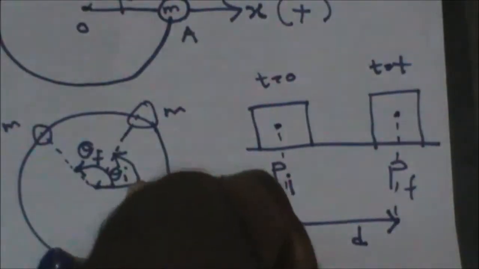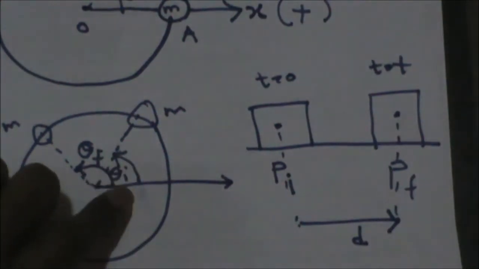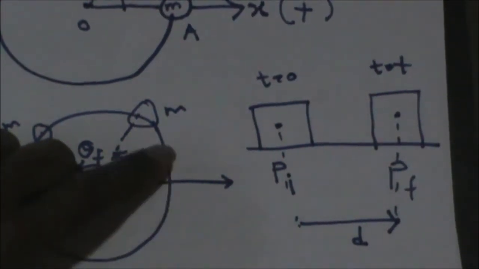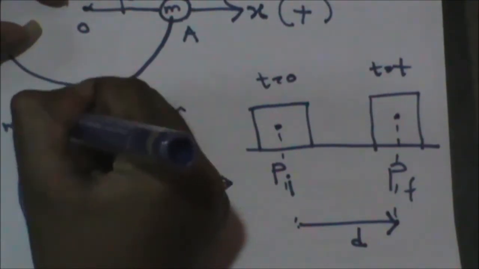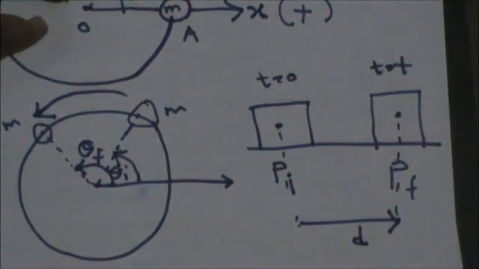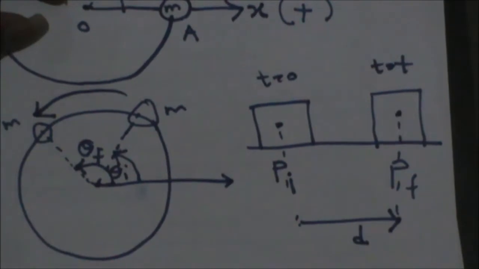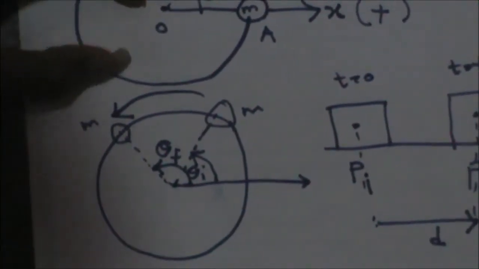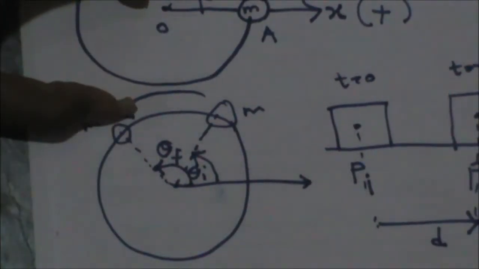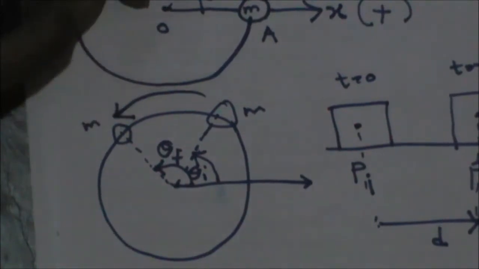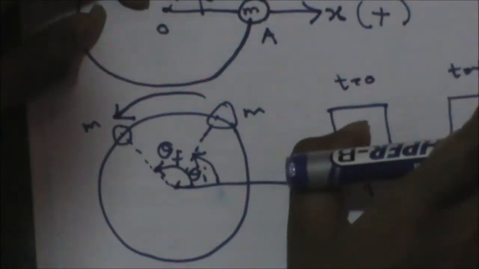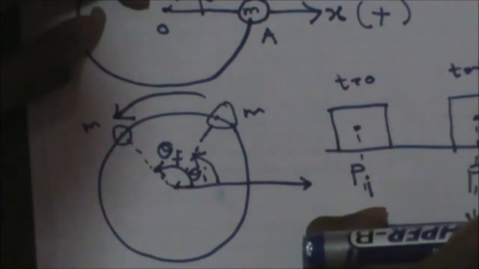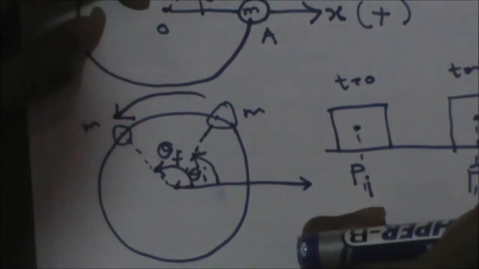If you had an initial position of theta I, and if you displace this object along this path to here, the line connecting the two points, the shortest distance between these two points, is the translational displacement.